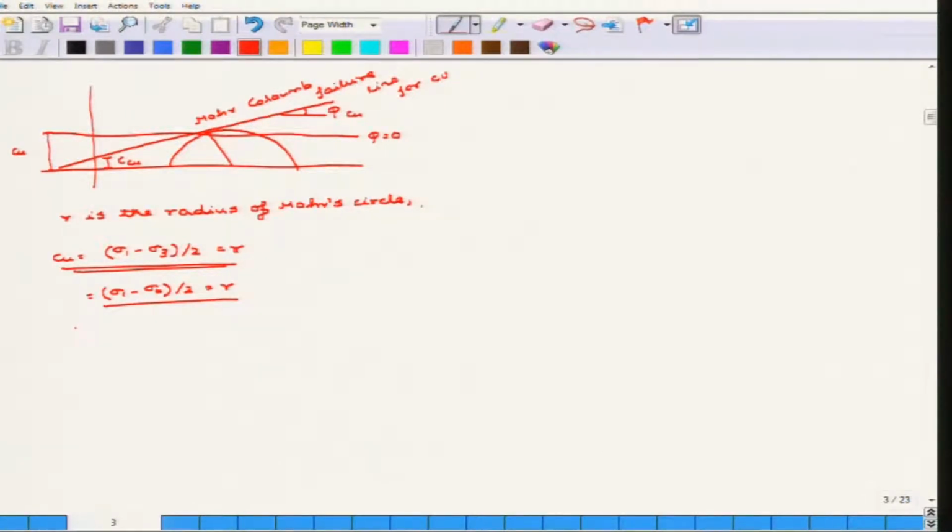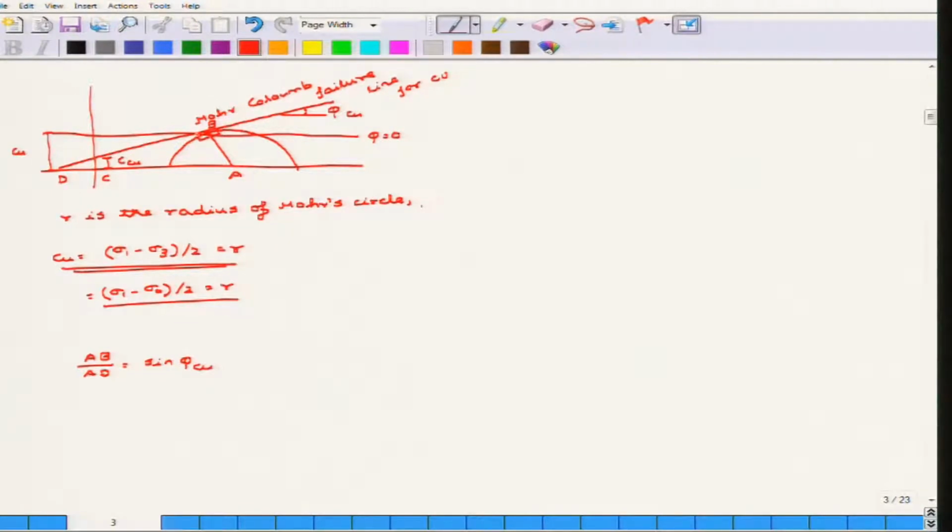Another important point is that this R, let's consider this point as A, this point as B, this point C, this is D. So we can write AB by AD is equivalent to sine of phi Cu, because this is perpendicular always.